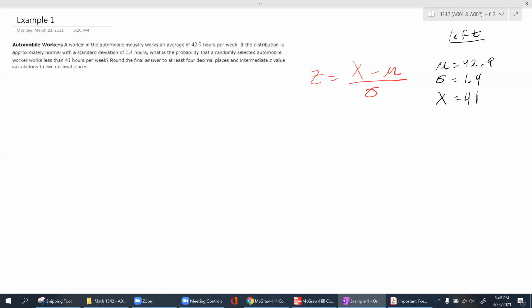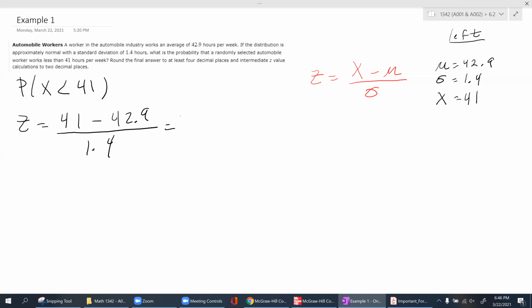Let's find the probability for an x value that's less than 41. Let's plug in what we know: 41 minus 42.9, all over 1.4. Let's see what this gives us.